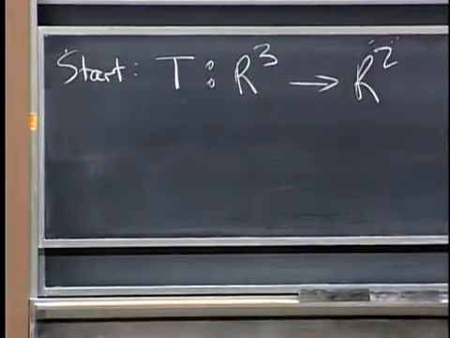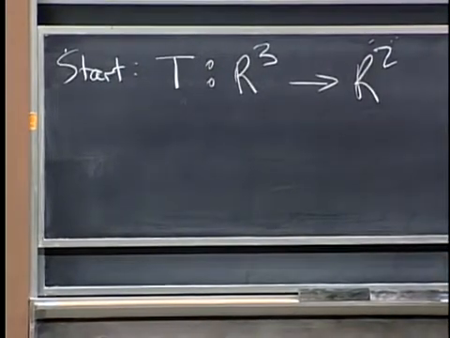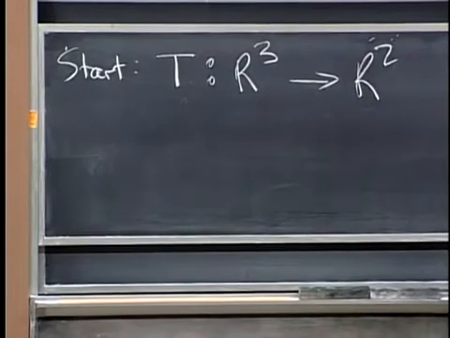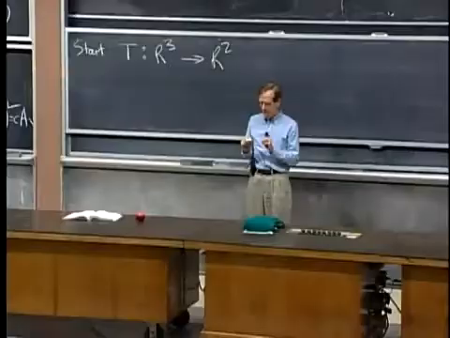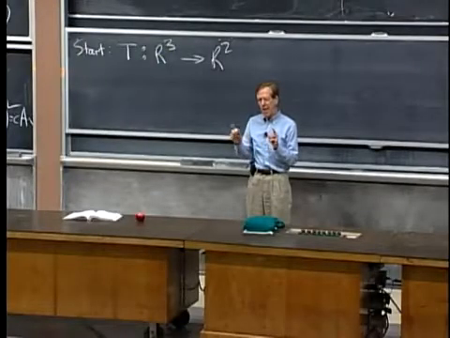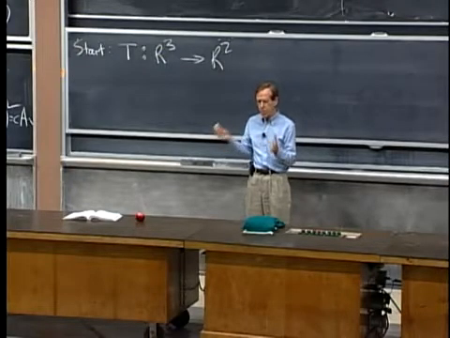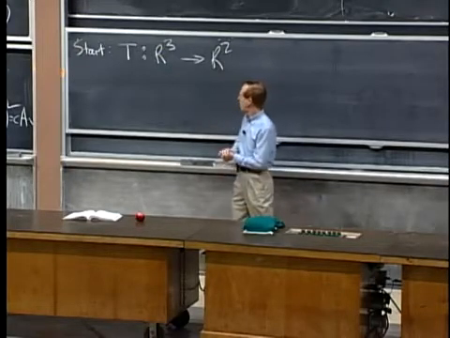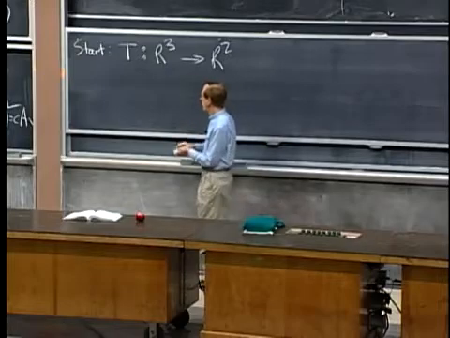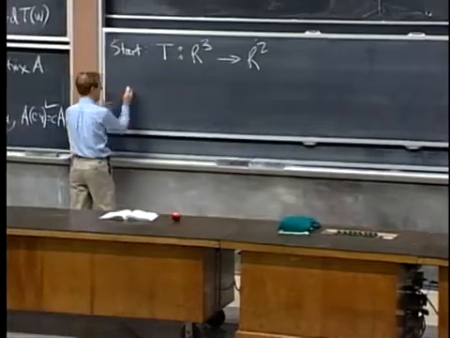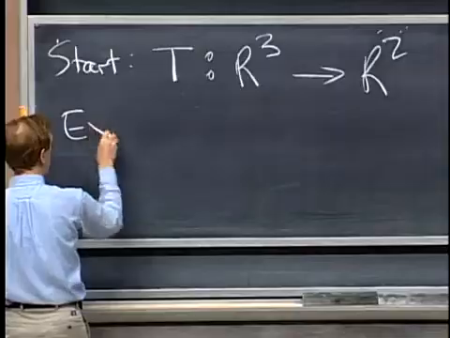What's an example of such a transformation, just before I go any further? Any matrix of the right size will do this. So what would be the right shape of a matrix?